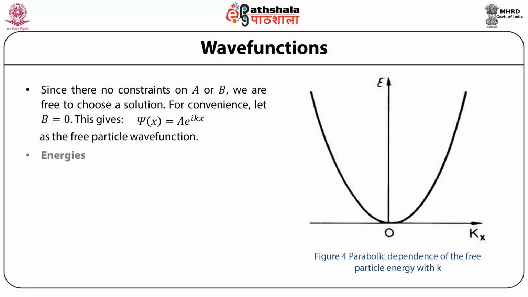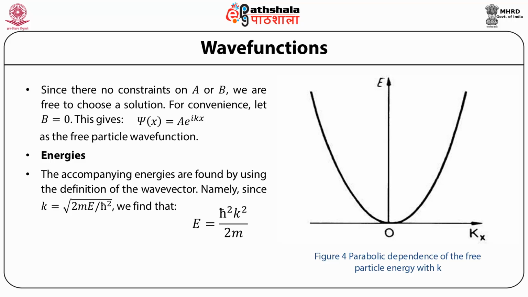The corresponding energies are found by using the definition of the wave vector, namely k equals root of 2mE by ħ squared, so E equals ħ squared k squared by 2m. This reveals a parabolic energy dependence on k, which is shown in this figure.